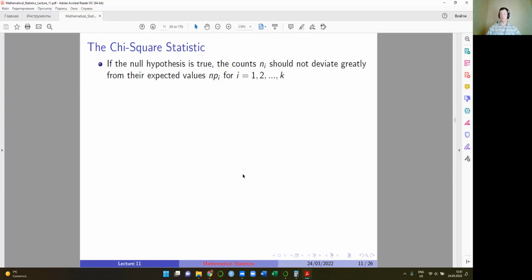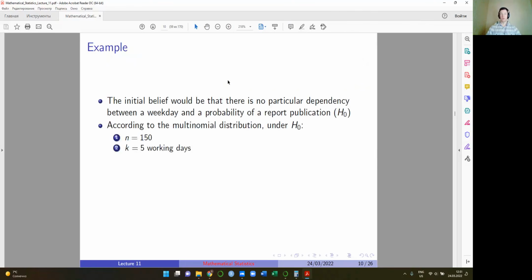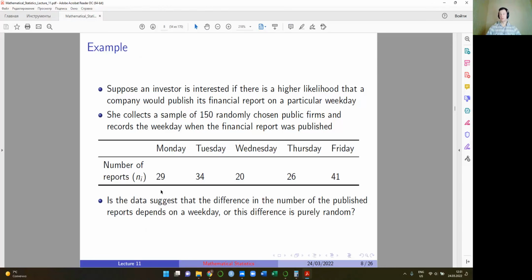First of all, if the null hypothesis is true, then the observed counts, ni, must not deviate greatly from their expected values, np. Which means that when we look at this table and see numbers here, 29, 34, 20, the deviations from 30 must be small if the null hypothesis is true.